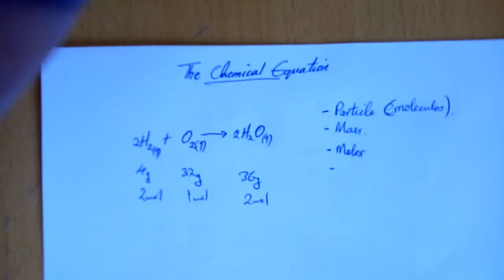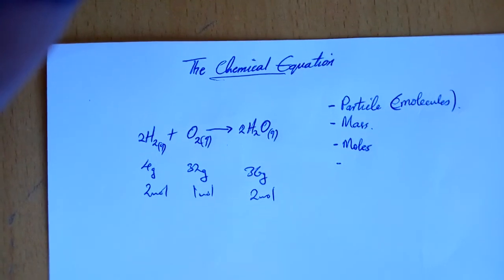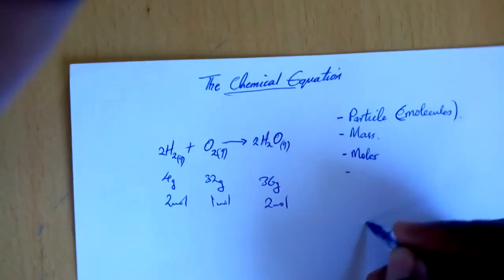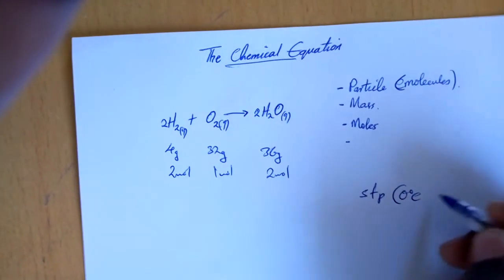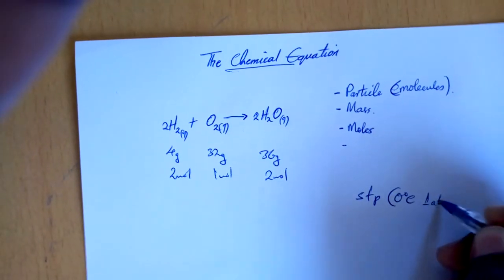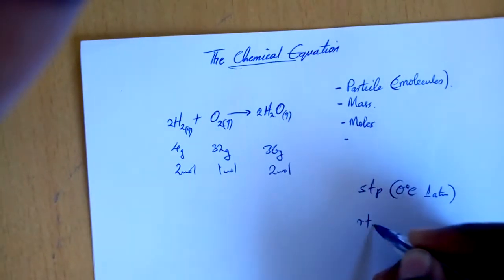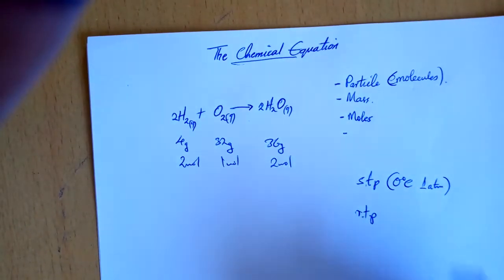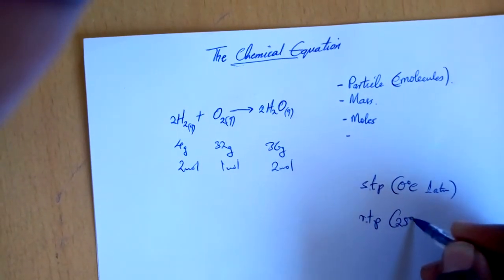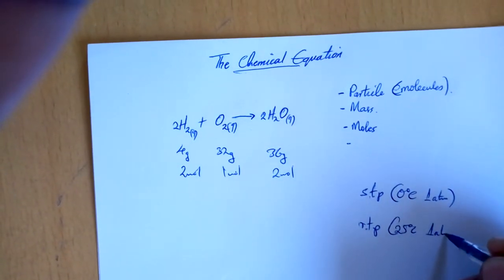Is it RTP or STP? STP is standard temperature and pressure, which is 0 degrees Celsius and 1 atmosphere pressure. Then RTP is room temperature and pressure, which is 25 degrees and 1 atmosphere.